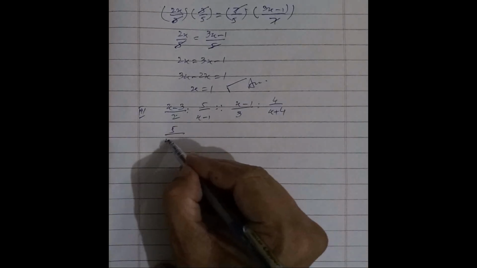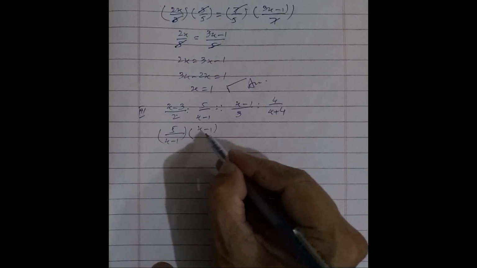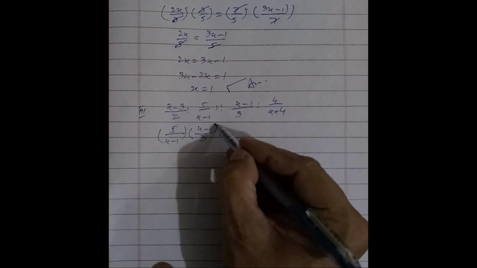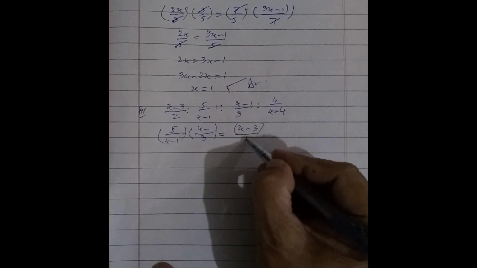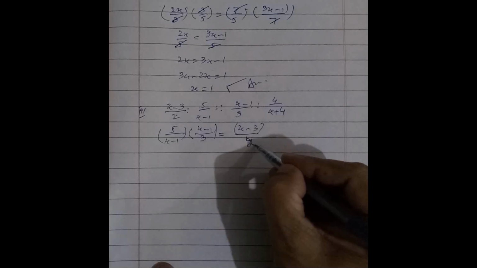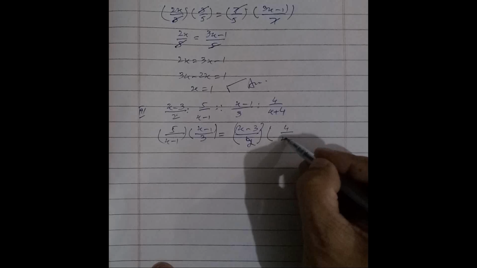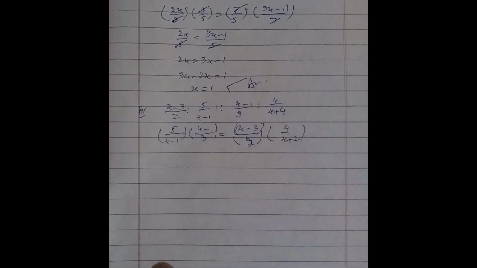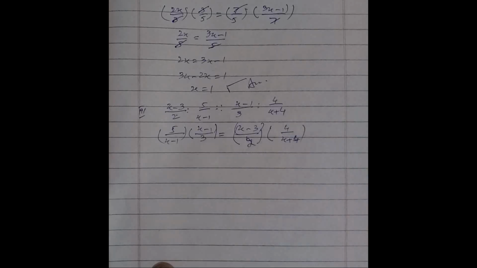We have 5 over 3 is equal to (x minus 3) over 2 times 4 over (x plus 4).